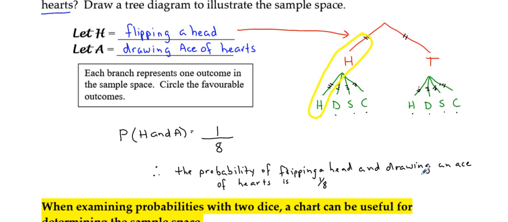Now I know that becomes a lot of writing and that would take up a lot of time on the test, so it's okay if you just want to say, therefore, the probability is 1/8.